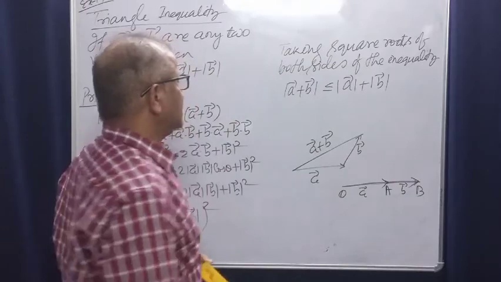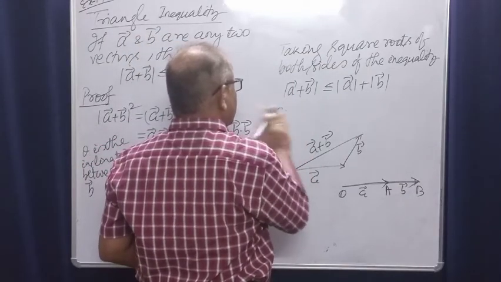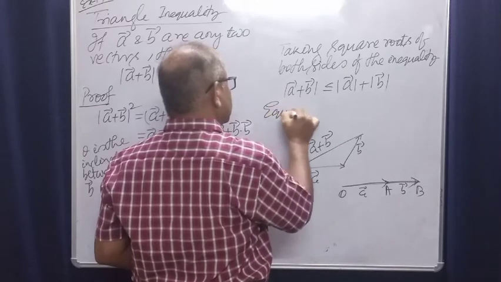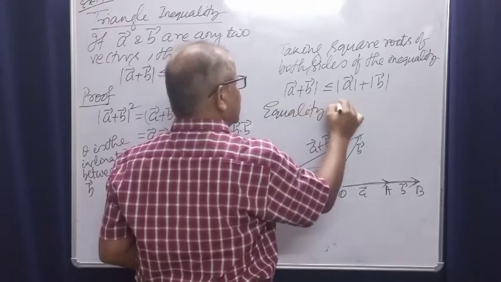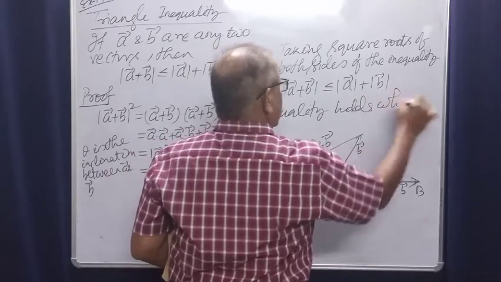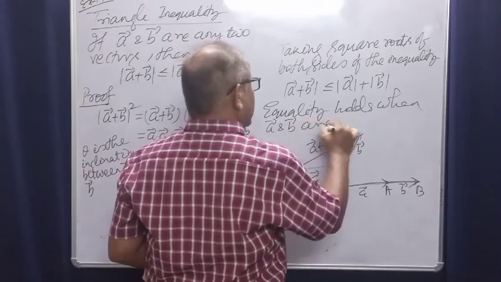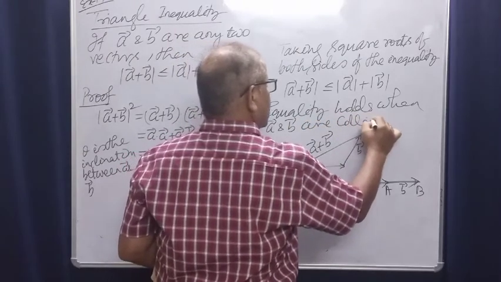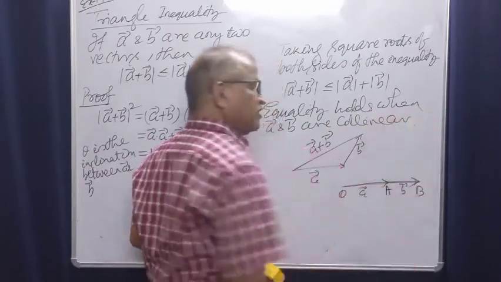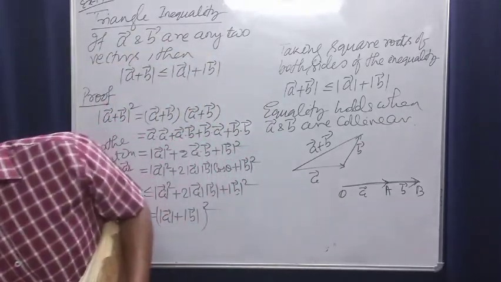That means equality holds when A and B are collinear. They are collinear, right?